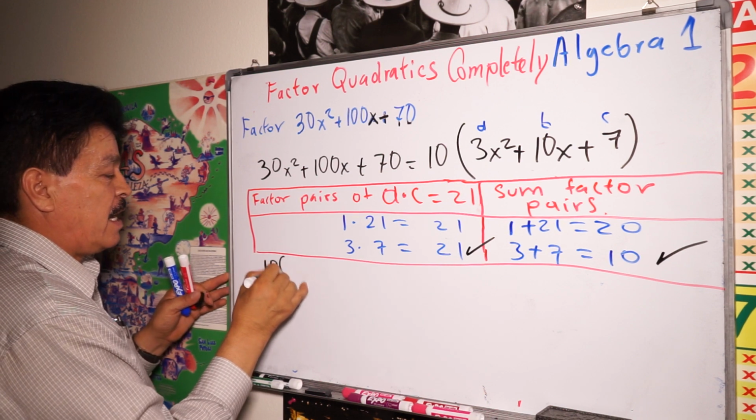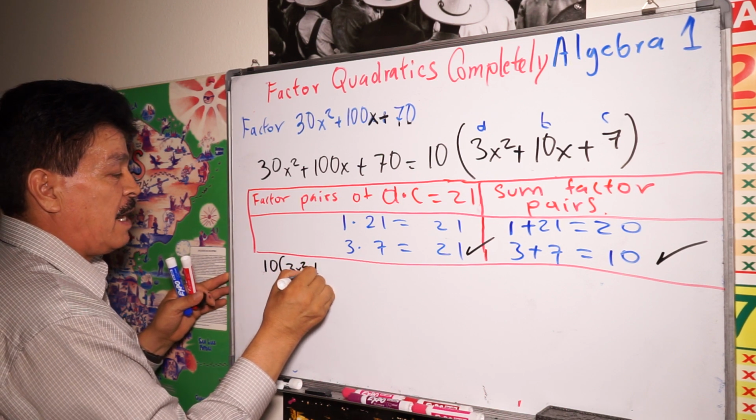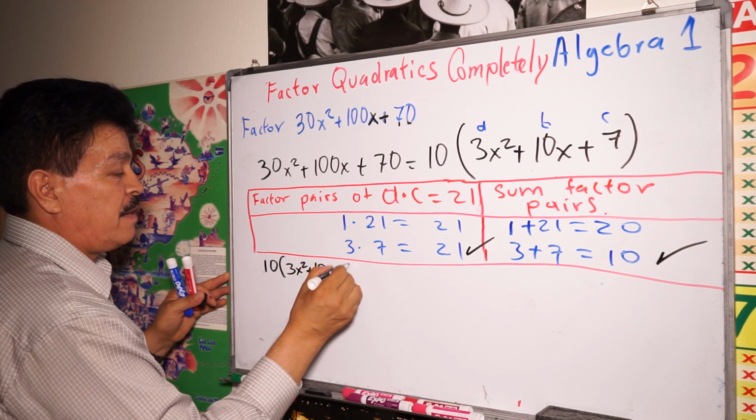The next step is to write it here: 10 times 3x squared plus 10x plus 7.